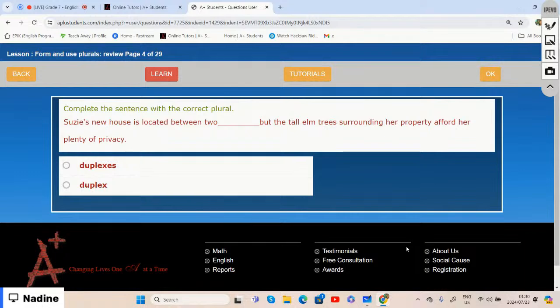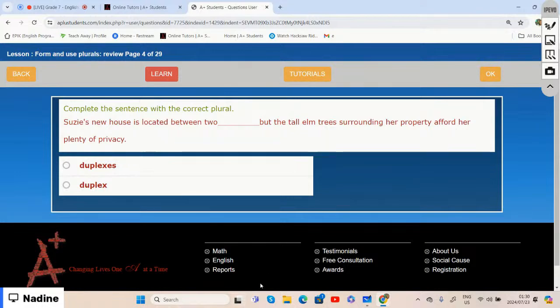All right. And if we were to complete the sentence with the correct plural, something that is more than one, it shows more than one of something.